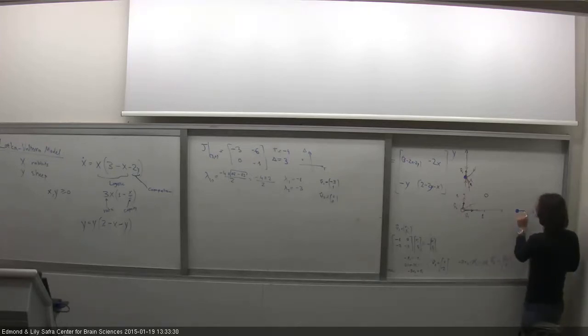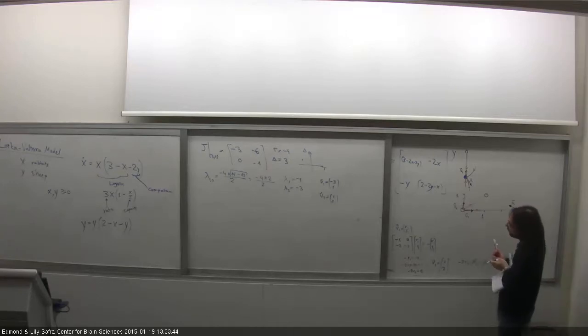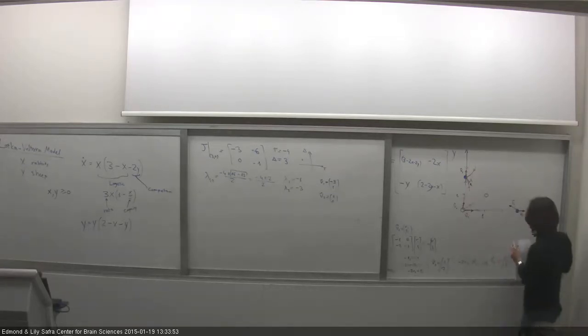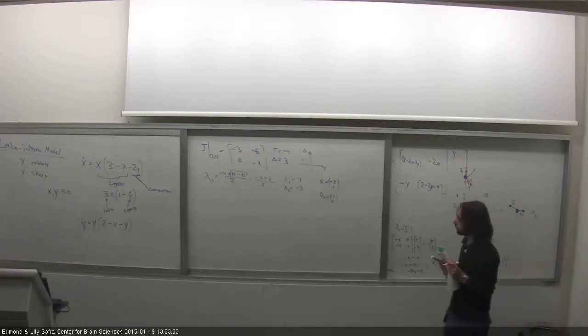We have this second eigenvector V2 on the axis, and minus 3, 1, something like this, V1. Now, V2 has the larger absolute value of the eigenvalue.